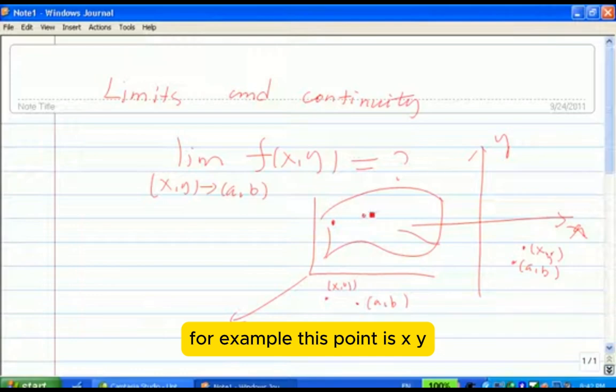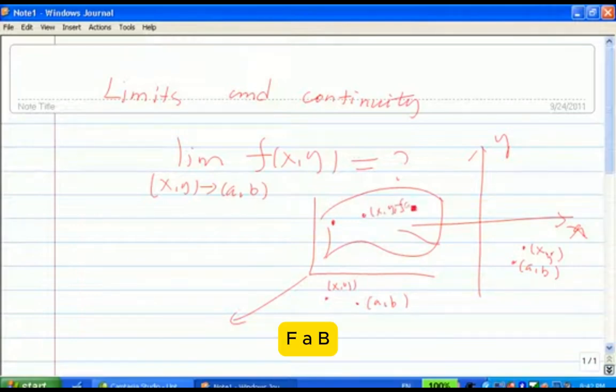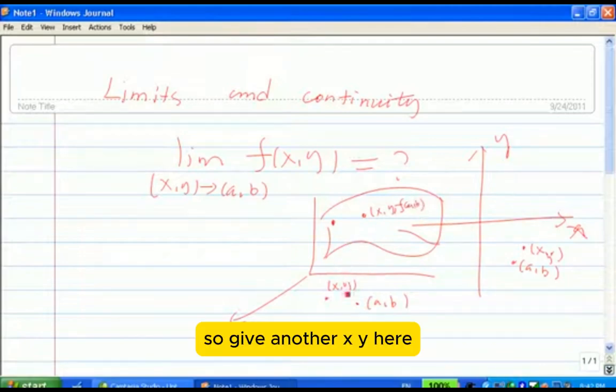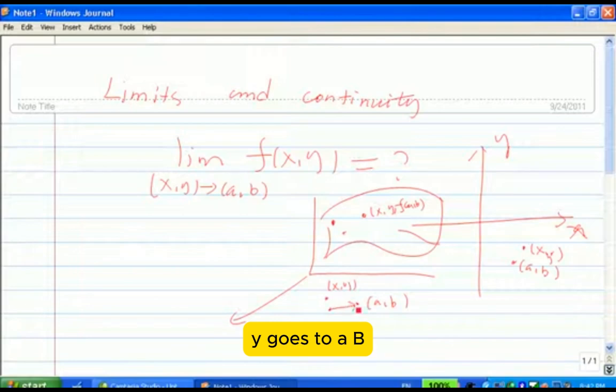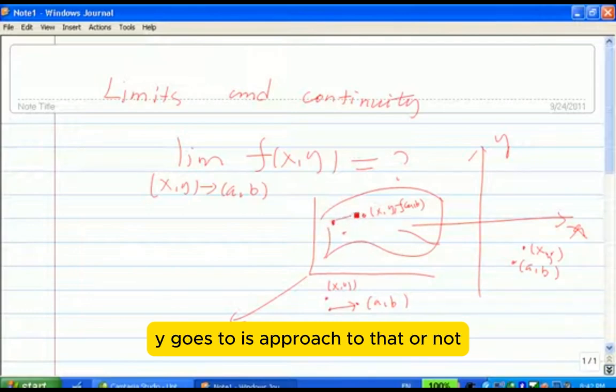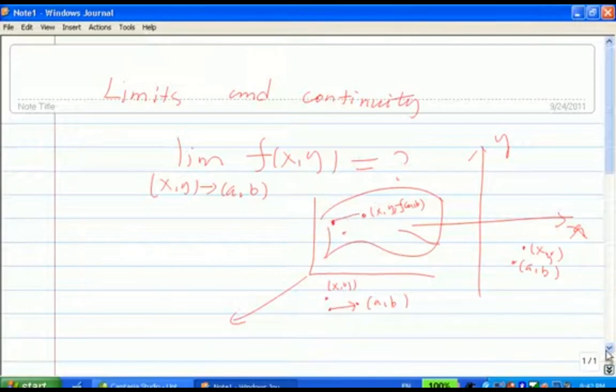For example, this point is (x, y, f(a, b)). Then give another (x, y) here, plug in, and you get another one. As (x, y) goes to (a, b), we want to see what f(x, y) goes to. Does it approach that value or not?